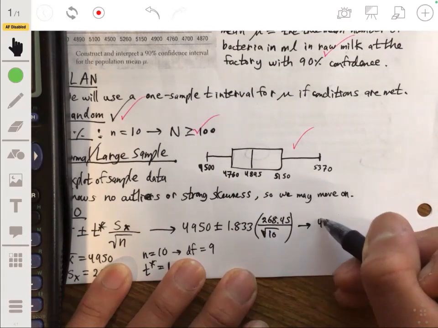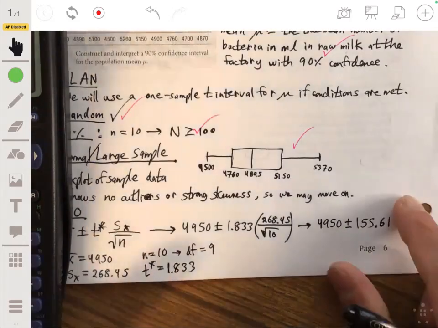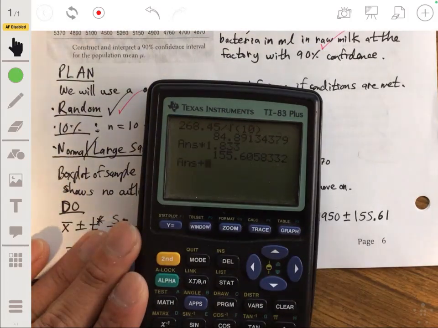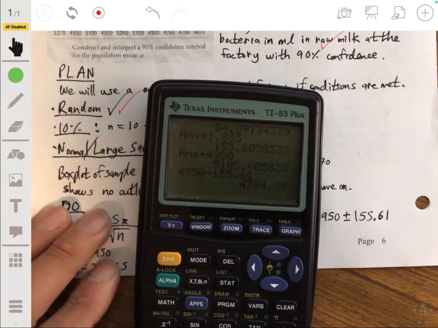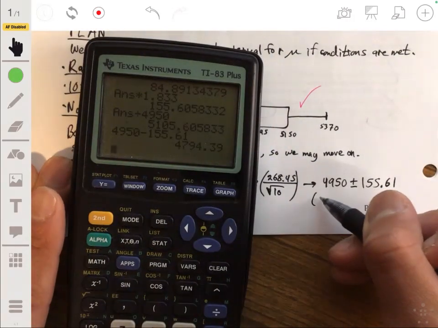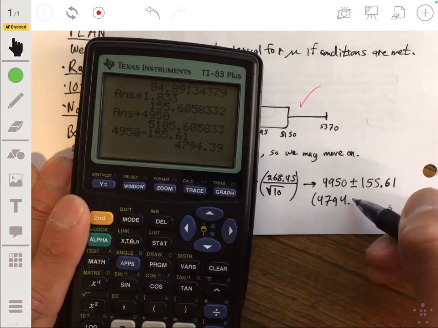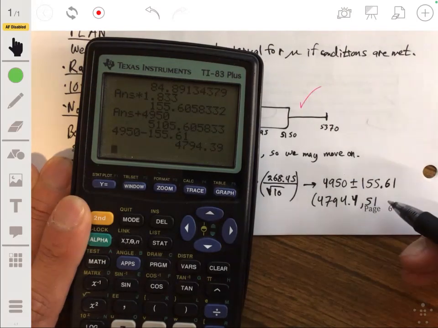So 4950 plus or minus 155.61. Add and subtract that from 4950, and that will give me my upper and lower bounds. My confidence interval would be from 4794.4 to about 5105.6.